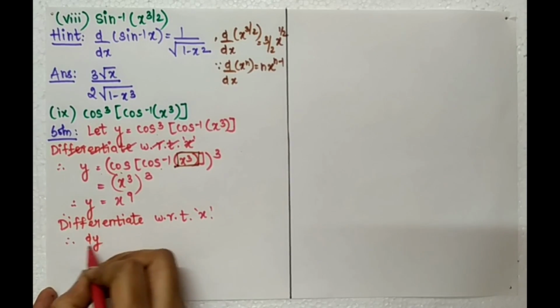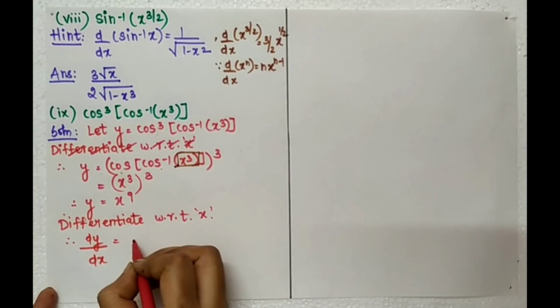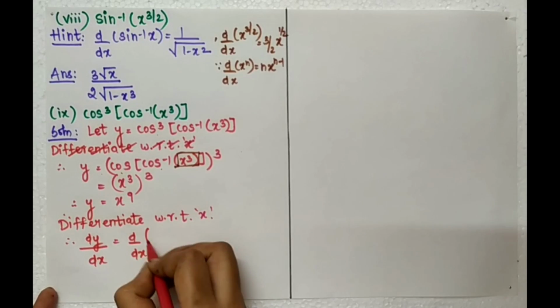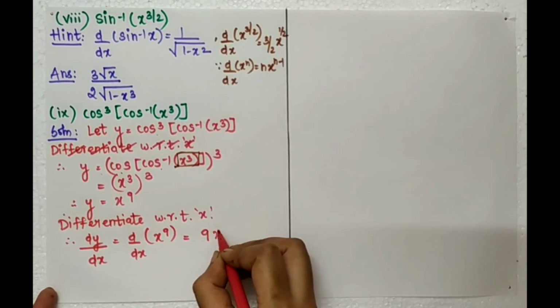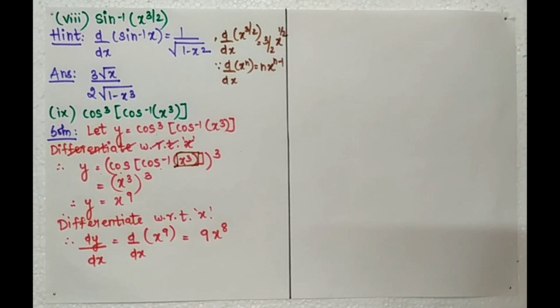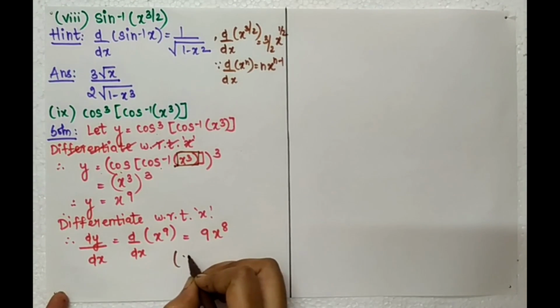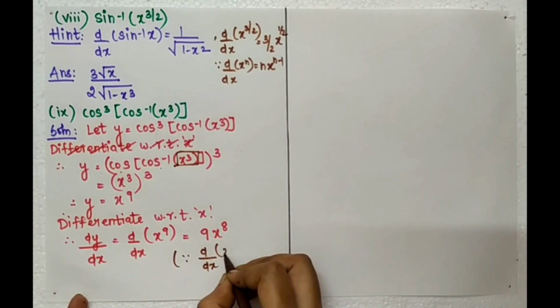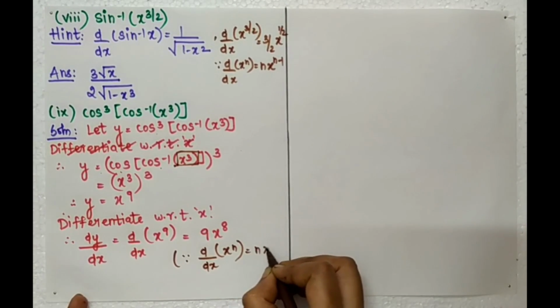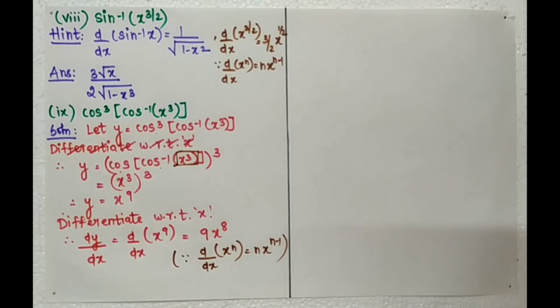Therefore, dy by dx is equal to d by dx of x power 9, which is nothing but 9 into x power 8. Why? Since d by dx of x power n is n into x power n minus 1. In place of n, we substitute 9. So we get 9 into x power 8. Hope it is clear.